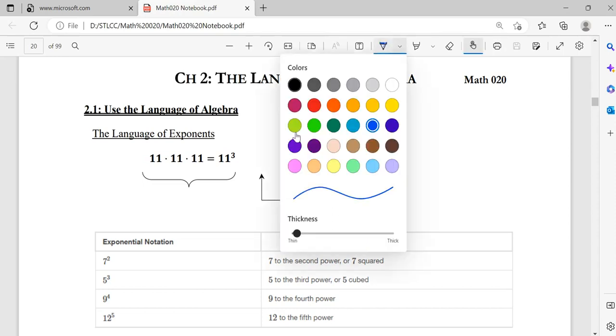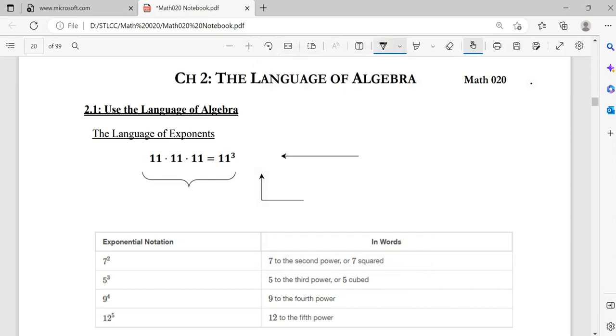In exponential notation, we use exponential notation as a shortcut for multiplication. If you see right here, you can multiply the number 11 three times by itself, and that's a long way of doing it, or you can just use exponents to write that multiplication.